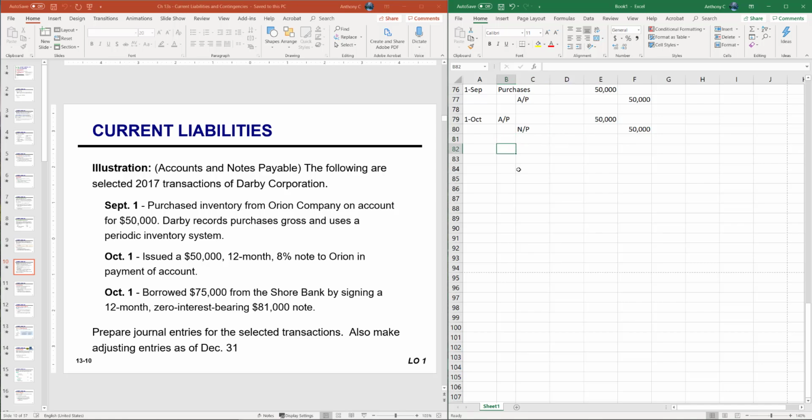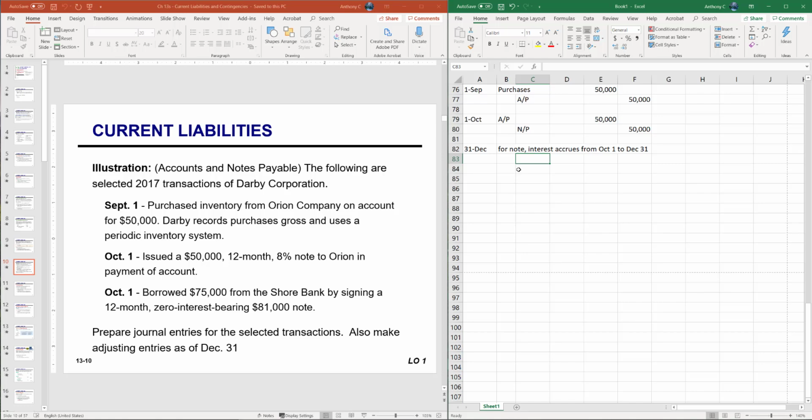Right, since we signed a note here, if it hits the end of the year on December 31st for this transaction, we would have to accrue interest. So for this note, interest accrues from the issue date, October 1st, until the date we're making the adjusting entry, December 31st.